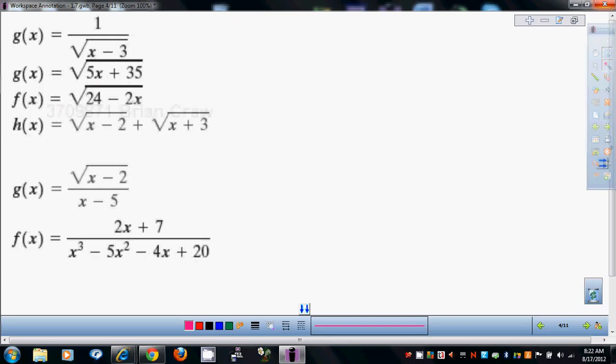Okay. So, just like the last one, you take what's under the radical, make it greater than or equal to 0, and solve. Divide. And when you're finished, that is your domain.